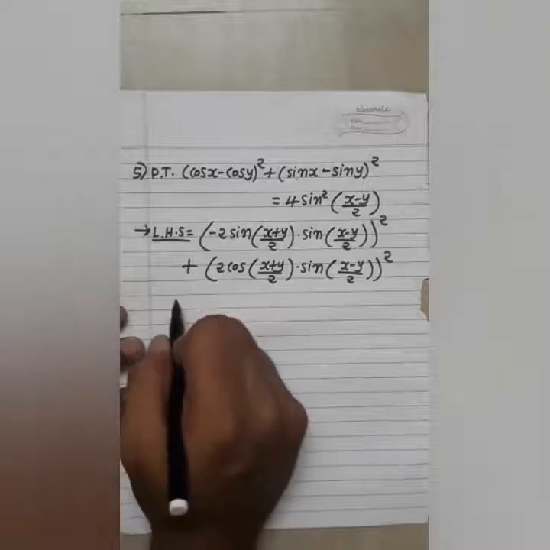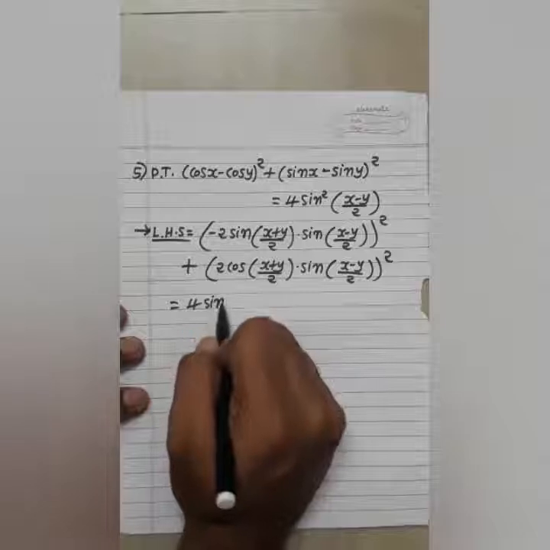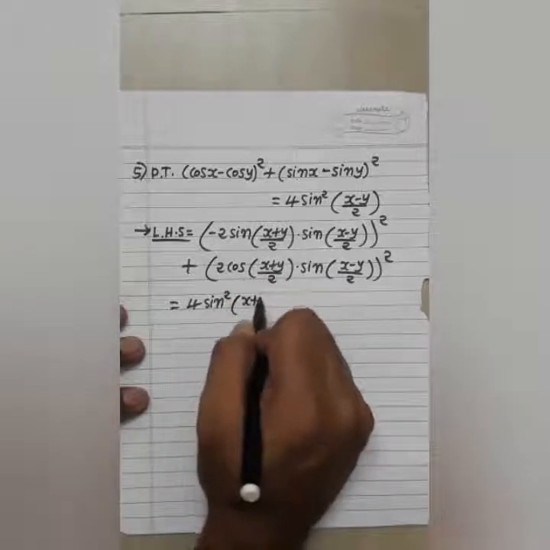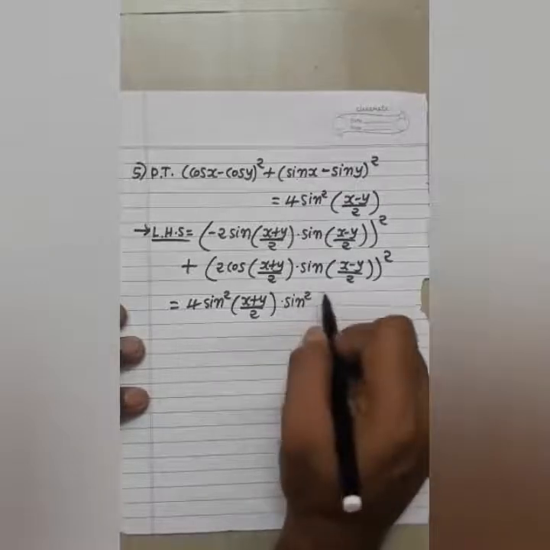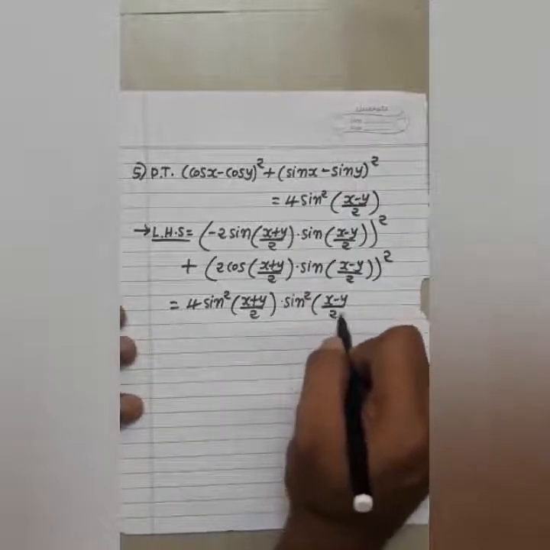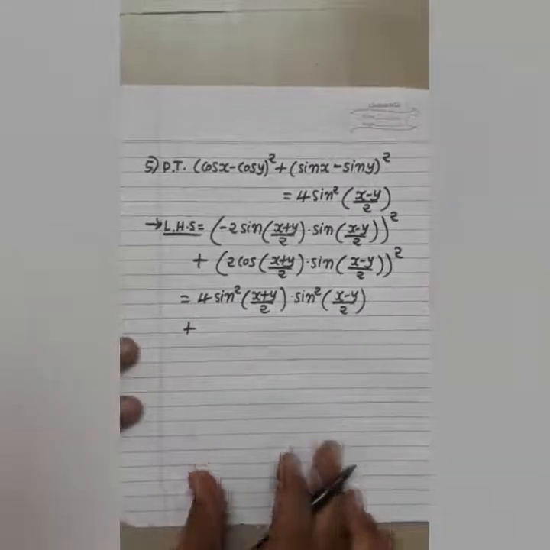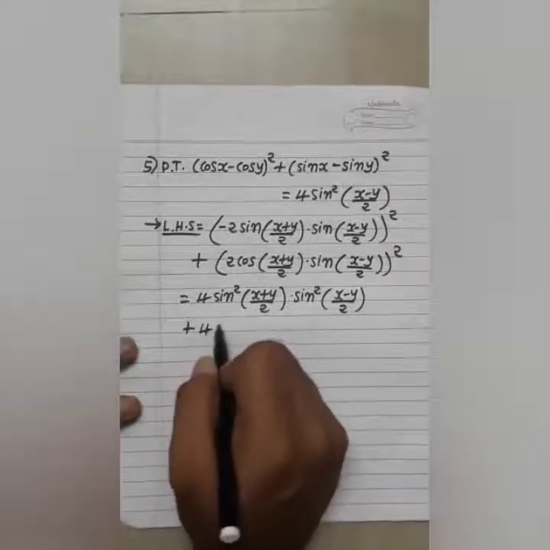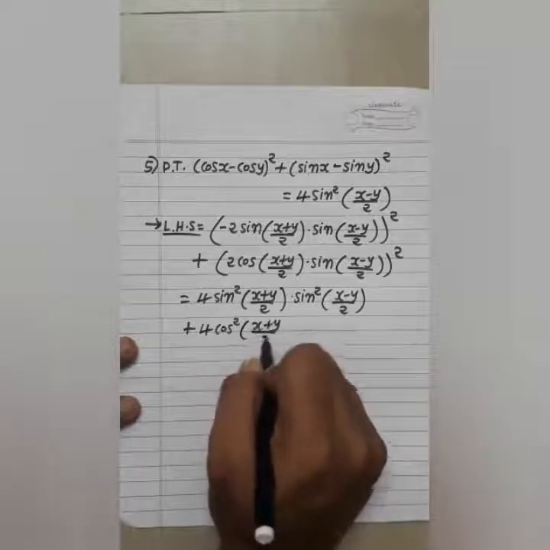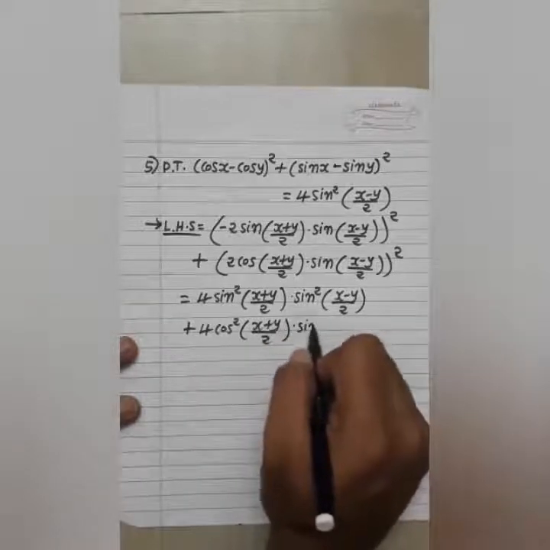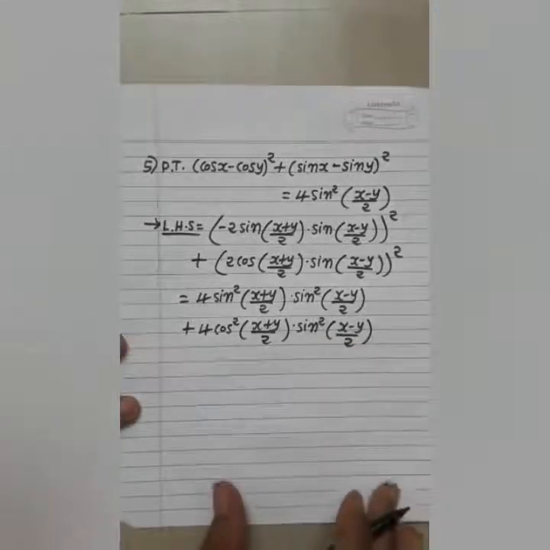Now simplify this term. Minus 2 square, that means 4 sin square of (x plus y) divided by 2 into sin square of (x minus y) divided by 2, plus 4 cos square of (x plus y) divided by 2 into sin square of (x minus y) divided by 2.